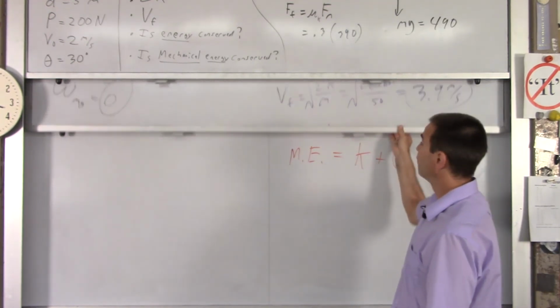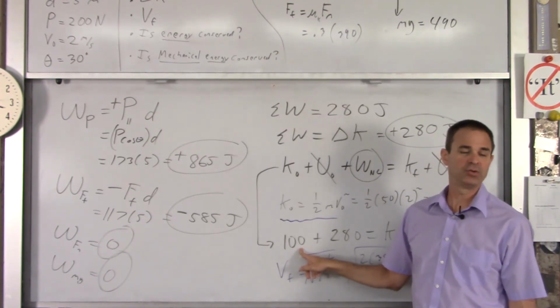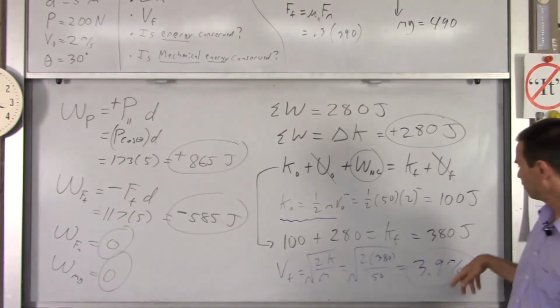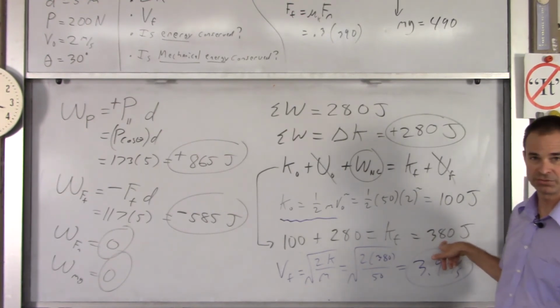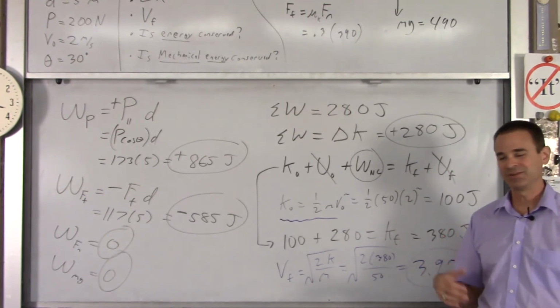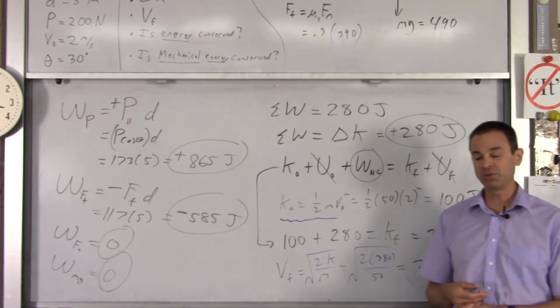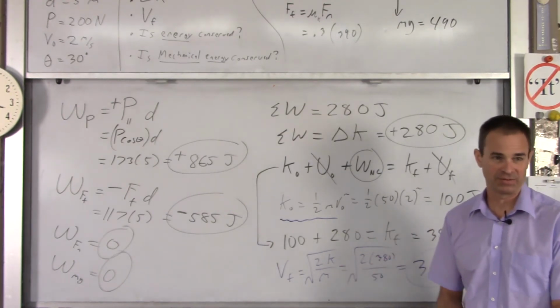Well, before the motion, we had 100 joules of kinetic and no potential. After the motion, we have 380 joules of kinetic and no potential. Is 100 the same as 380? Clearly not, okay? So mechanical energy was not conserved in this problem. As a matter of fact, we gained mechanical energy.